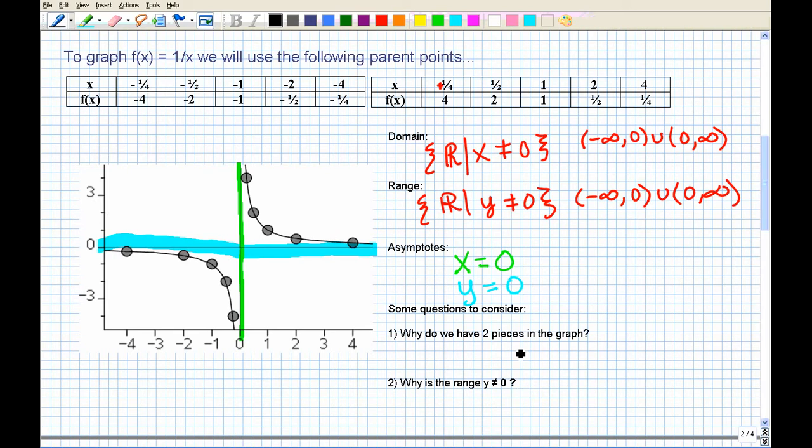If x is positive, then 1 over x is positive, like we saw up here. If x was positive, then f of x is positive. And if x is negative, 1 over x is negative, but we are never equal to 0, which is why we have the horizontal asymptote y equal to 0. You may want to rewind that and listen to that again if you need to.